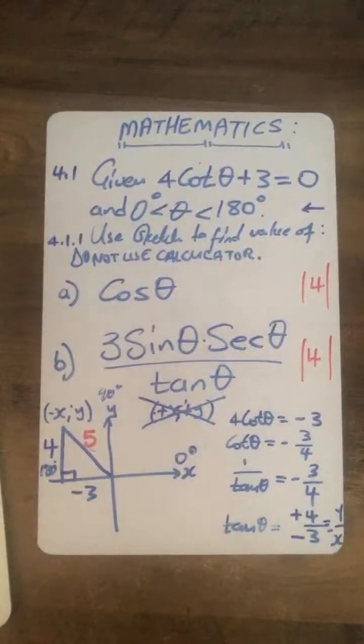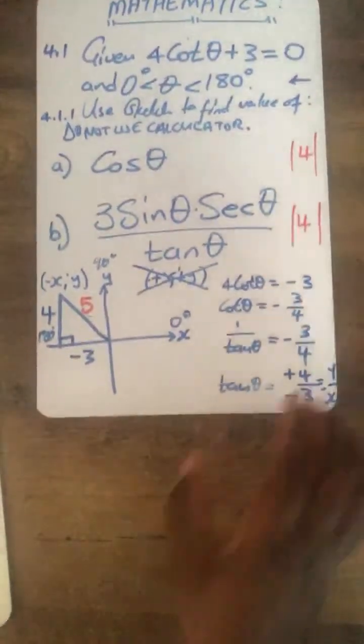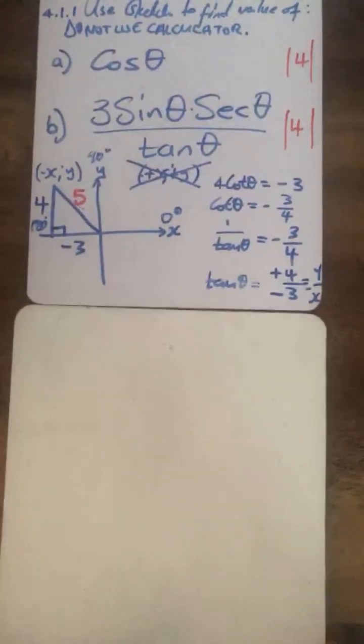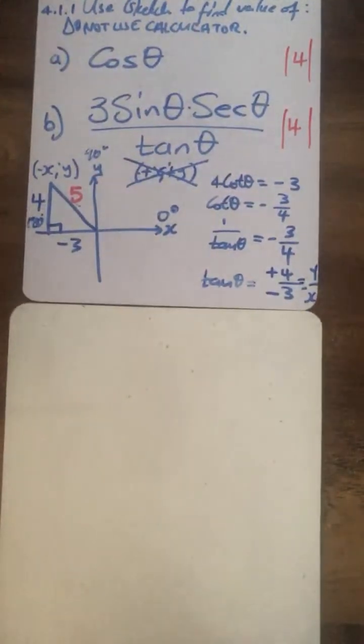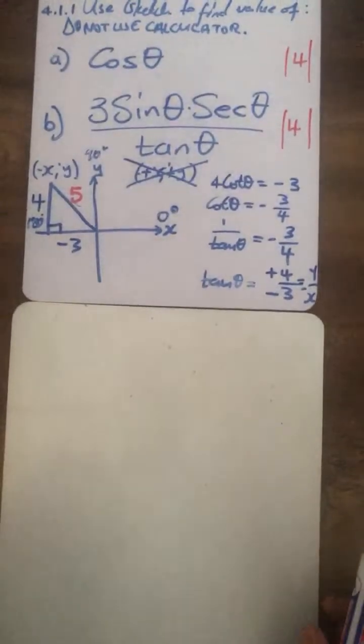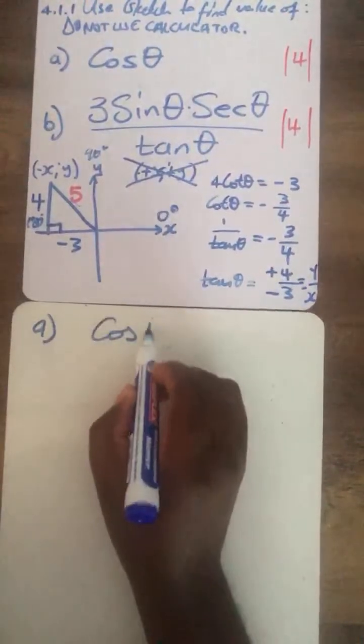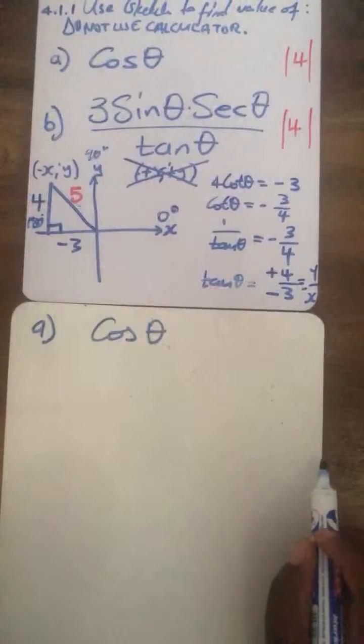That is correct. So now, in answering the questions, honorable members, once you have done that, then it means you are ready to answer the questions. Because the first question, if you remember, A, they are saying you need to work out cos of an angle.